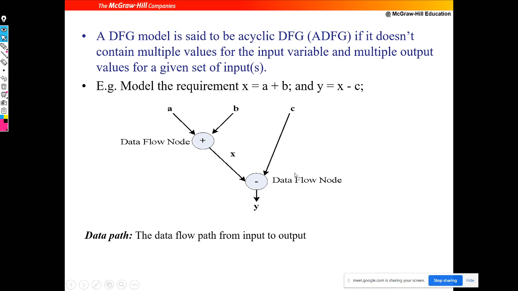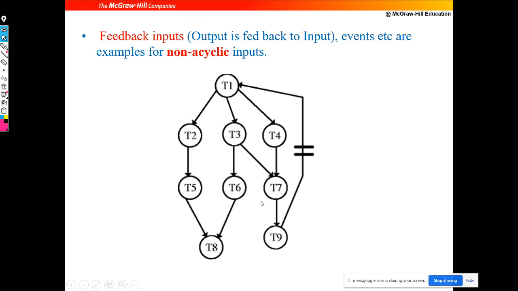You can also have cyclic graphs, where the output goes back to one of the earlier nodes, so you can represent loops. This is an example of a non-acyclic data flow graph.